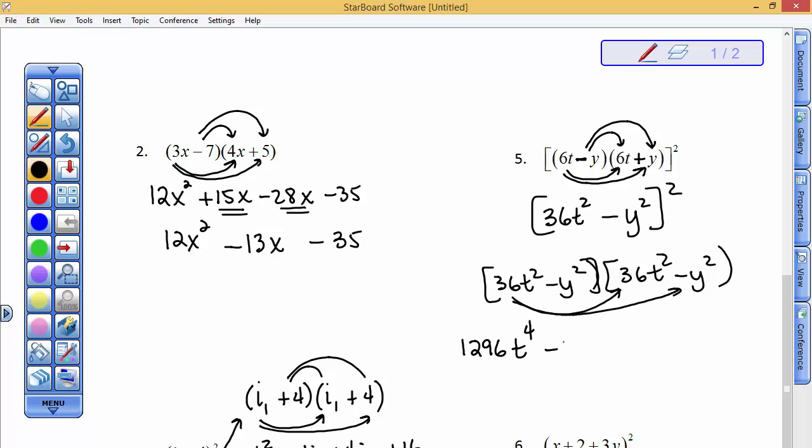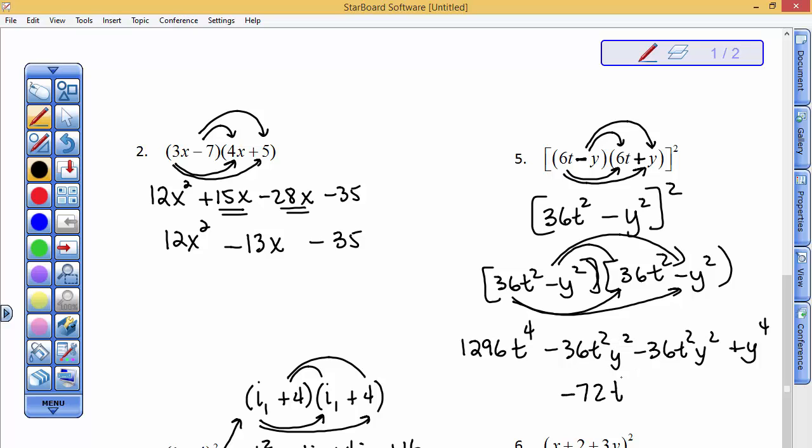Here you have a minus 36 t squared y squared, and then another minus 36 t squared y squared, and finally at the end, a negative times a negative is a positive y to the fourth. So these two right here combine to be a minus 72 t squared y squared, plus that y to the fourth at the end, and then the 1296 t to the fourth at the beginning, and we're all done.